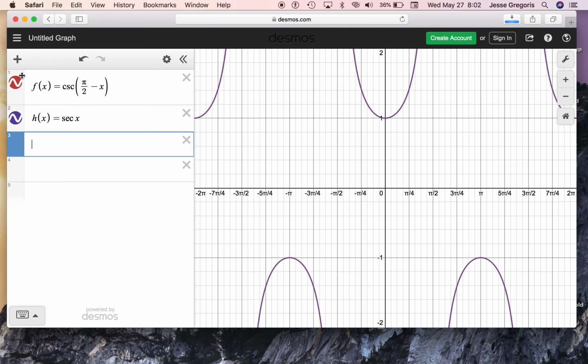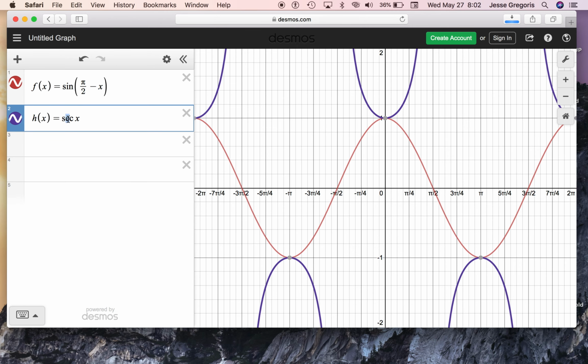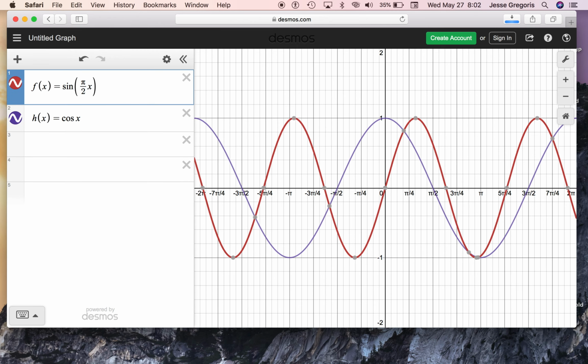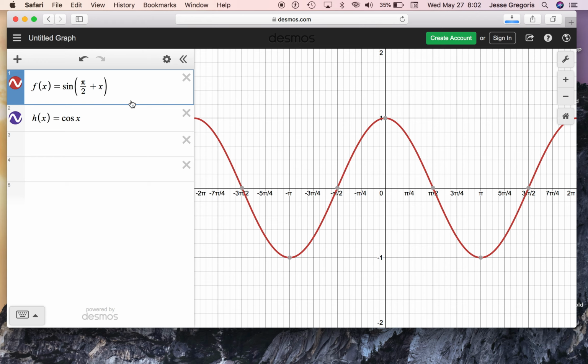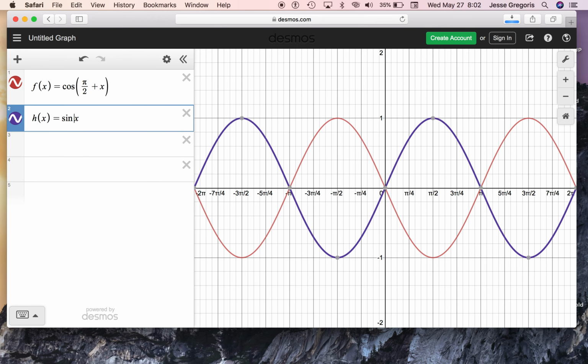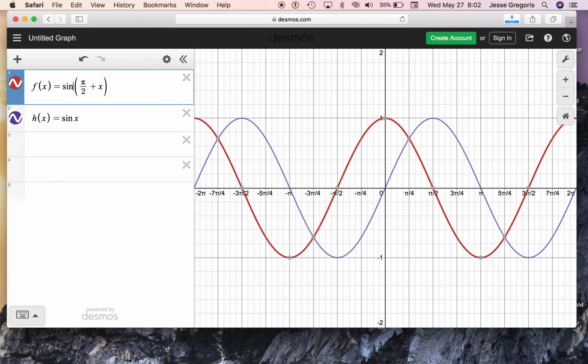Now there's lots more of them. Let's go back and take a look at the sine and cosine ones. Another interesting sine and cosine one is pi by 2 plus x. Now that works for sine, but it doesn't work for cosine. And again, that happens because of the odd-even functions, but it also happens because of the cast rule.